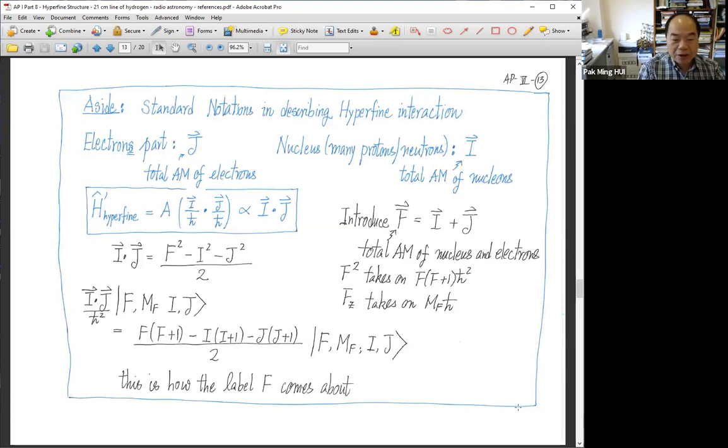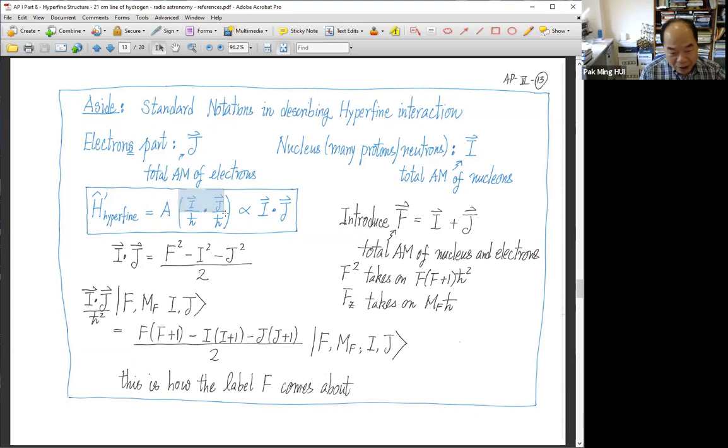This page is just for those who have read about this in an astronomy course. You may encounter a different notation. So the proton spin, the nuclear spin, will be I. The electron total angular momentum is J, that we used before.